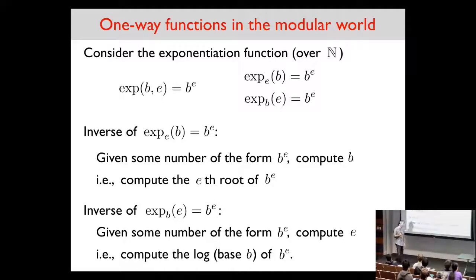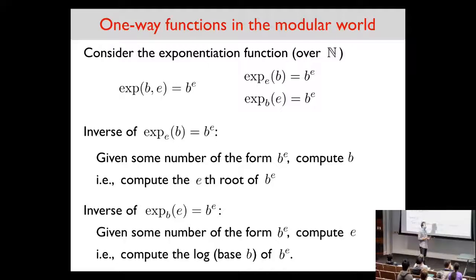And as I said, both of these inverse functions can be done efficiently. The first one is not trivial, you can think about how you would take the eth root, cube root, or the square root, but you can do these things efficiently.